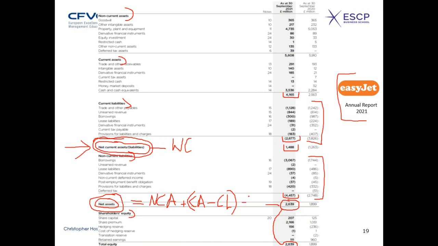And then they deduct non-current liabilities. That's how they calculate net assets here, which means net assets is total assets, because I have non-current assets and current assets, minus total liabilities, because I deduct short-term and long-term liabilities. So net assets is assets minus liabilities.